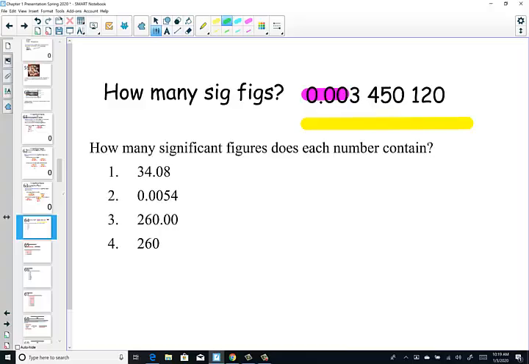Any zeros that are after non-zero numbers are indeed significant if the value has a decimal point. So in this example, these 3 zeros are not significant figures. I have 1, 2, 3, 4, 5, 6, 7 sig figs.